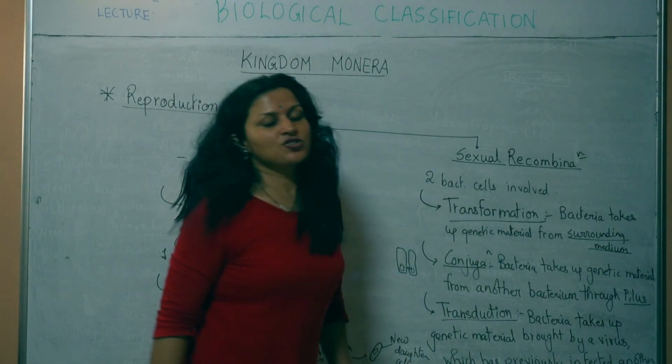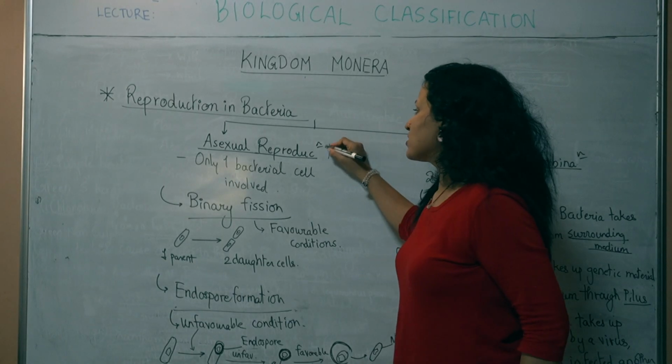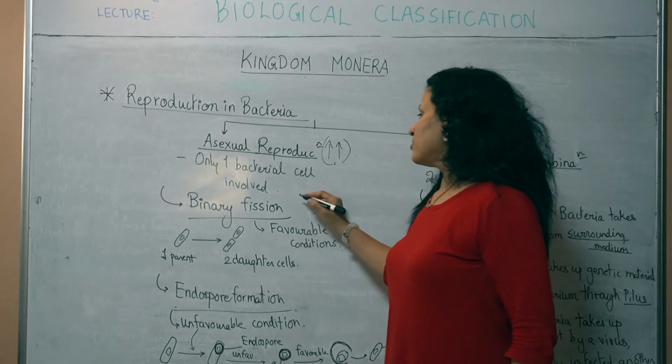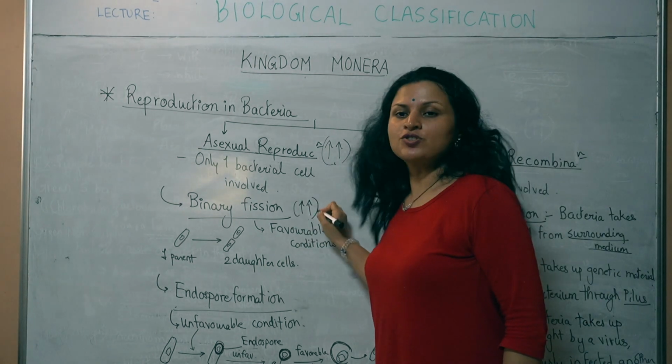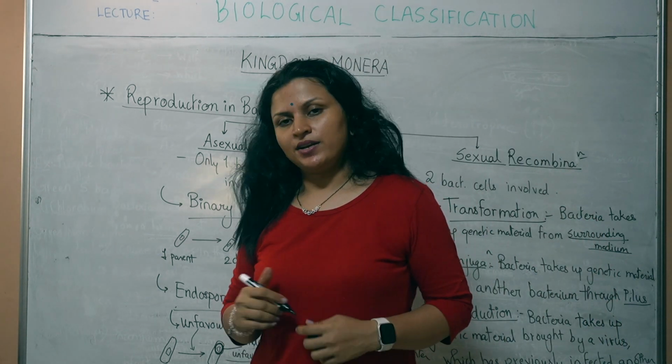That is transduction. So it's like a vector. You remember vector? Asexual reproduction in bacteria is the most common, and within asexual reproduction, binary fission is the most common type of reproduction. So that was all about the reproduction in bacteria.